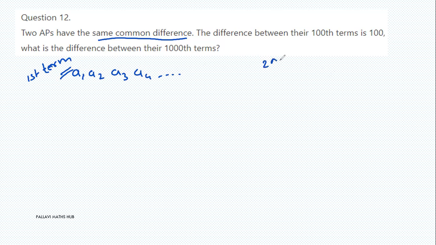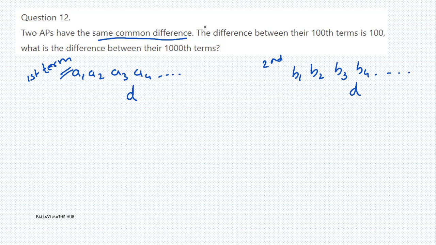Next, the second AP is B1, B2, B3, B4 and so on. Your common difference is the same. The first and second APs, two APs, have the same common difference. For this also the common difference is the same. Here this also the common difference is the same.